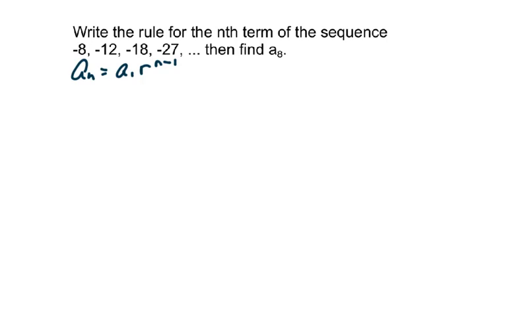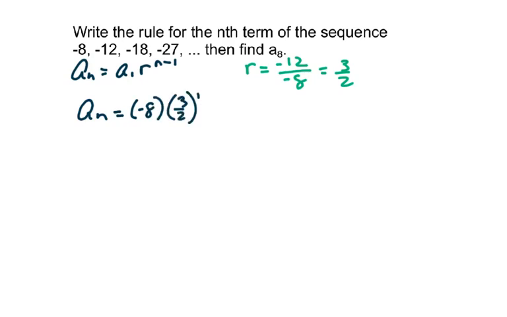Our second term is -12, so we can figure out what r is by using the ratio of those two numbers. And that reduces to 3/2. So in our a sub n formula, we're going to write our a sub 1 value of -8, our r value of 3/2, and then that's going to be to the n minus 1 power.